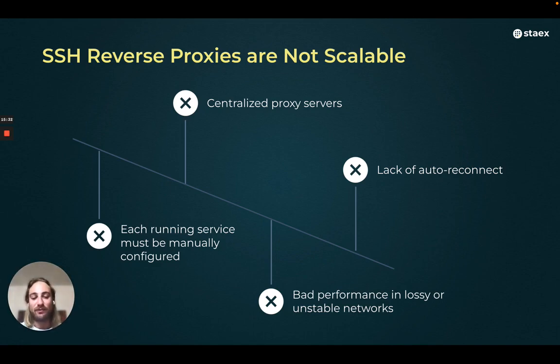Additionally, SSH performs poorly in lossy and unstable networks. If you lose an SSH tunnel, then you have to reconnect it. You have to restart it, and that is a manual process that you don't want to have to do, or you have to write a script to do for you. And exactly, there's a lack of auto reconnect. Actually, a great example of this is there is a shell called Mosh, which, in order to deal with the SSH lack of auto reconnect, was specifically built to handle this problem with dropped SSH.